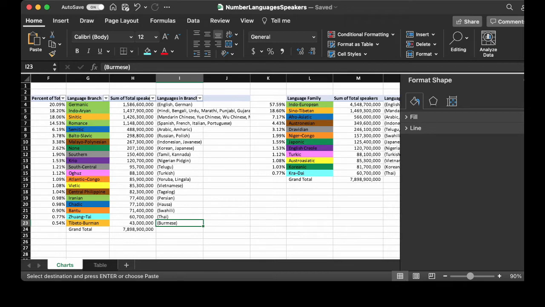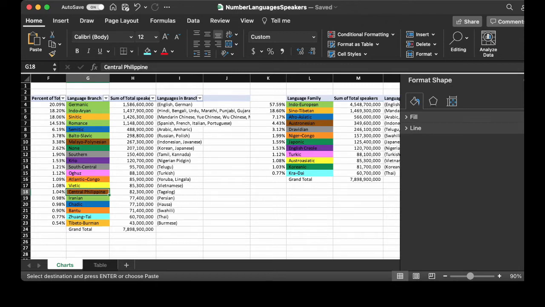Okay. Let's see here. The Austronesian language family consists of Malayo-Polynesian, which Indonesian and Javanese belong to, and the Central Philippine language branch, which is Tagalog. You also have the Afro-Asiatic language family, which Semitic and then Chadic belong to.